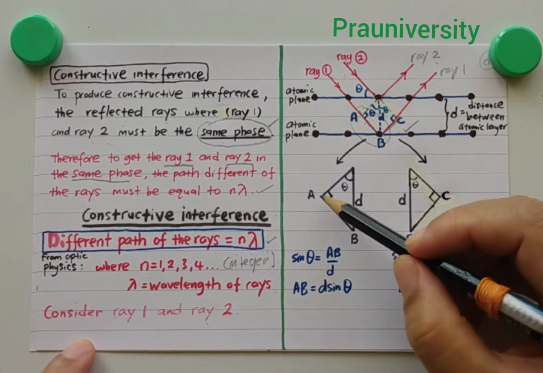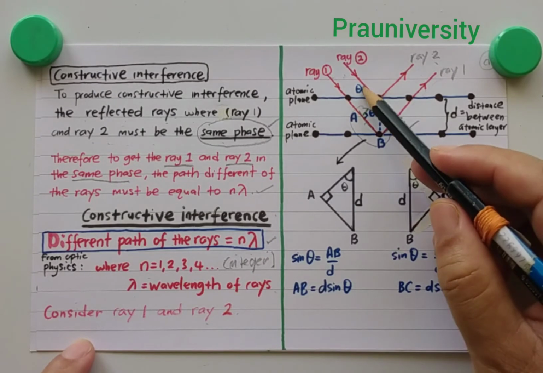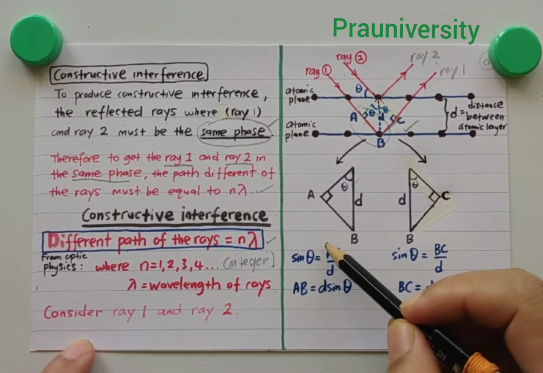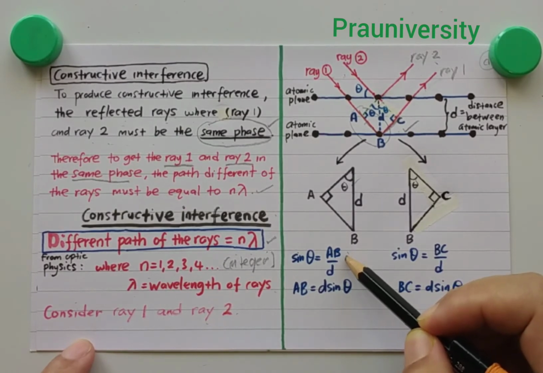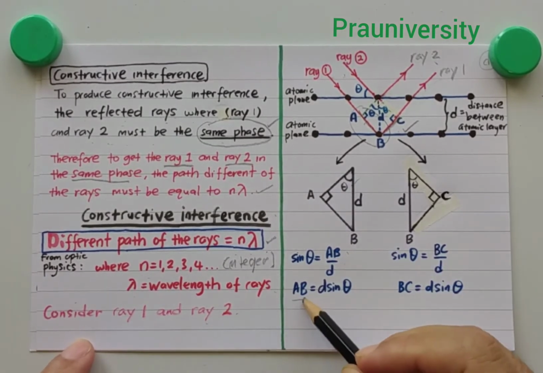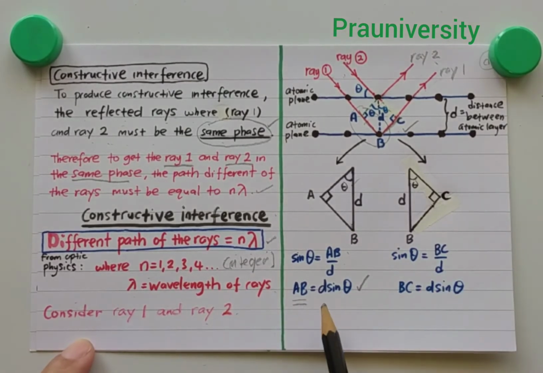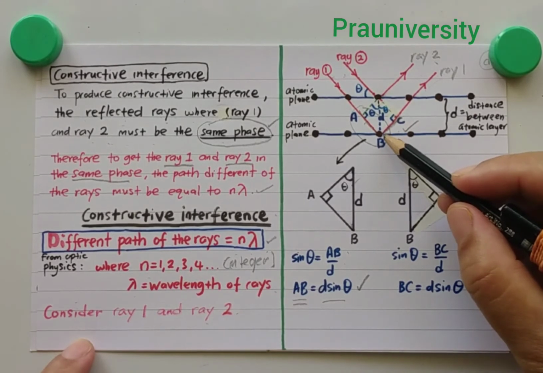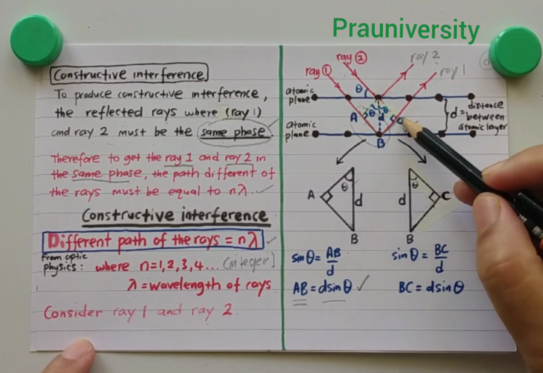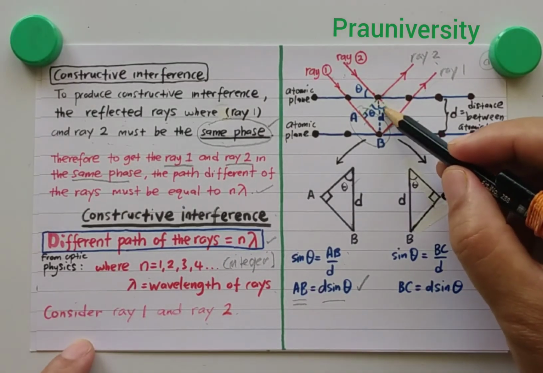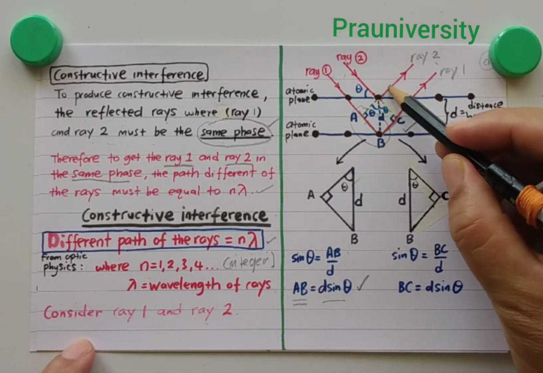Okay, so here is AB, and here is angle theta. Of course, here is the theta. So from sine theta equals AB over d, we can get AB equals d sine theta. Clear? Okay, then now we have to get BC. Here is BC, and here is theta.